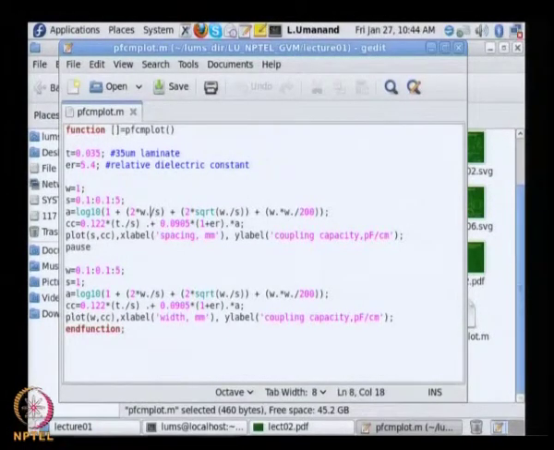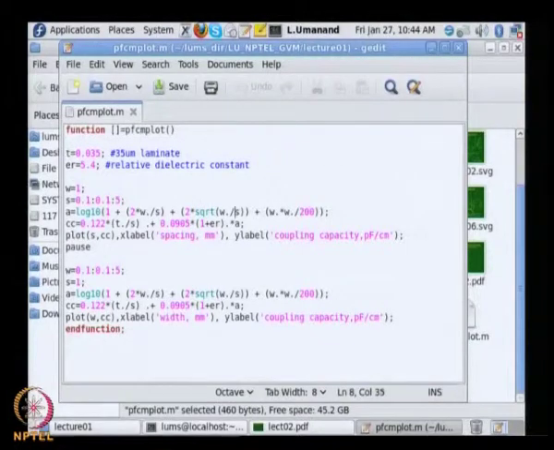So, these dot operations basically do the operation on every element of the array. So, this is a scalar value w, operating with this particular operator on every element of S.